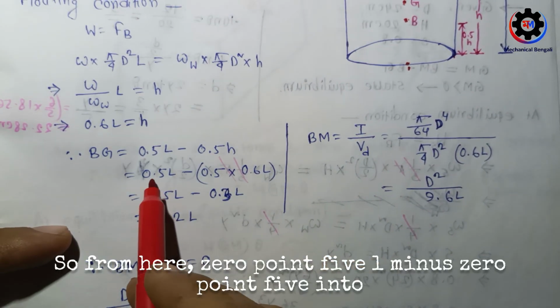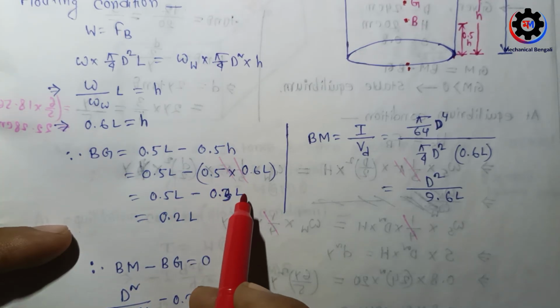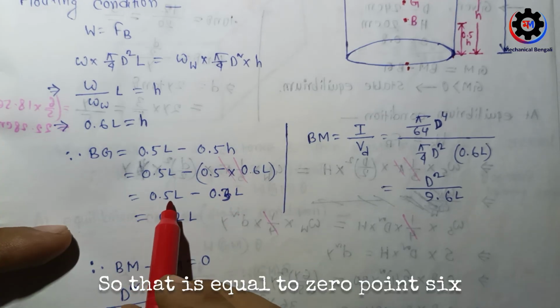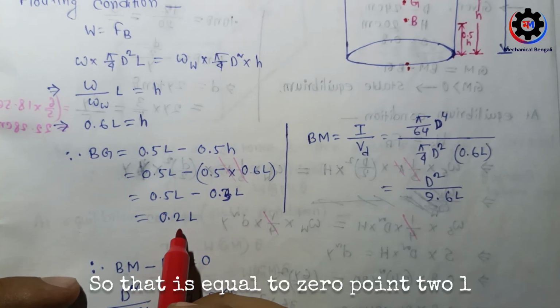So from here, 0.5 L minus 0.5 into h, and h is equal to 0.6 L. So that is 0.5 L minus 0.3 L, which is equal to 0.2 L.